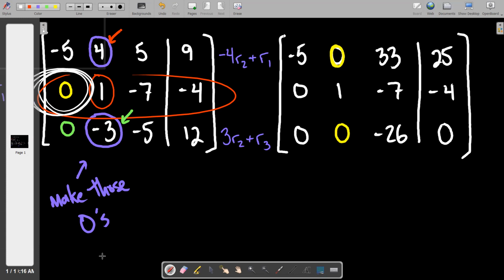Would you like to guess at this point in this problem what the next step is going to be? Correct. So I'm going to circle again in purple because I want you to understand the mission. The mission now is to make this and this zeros.